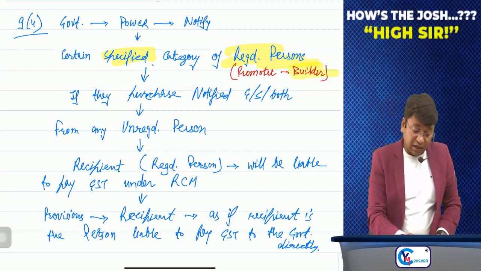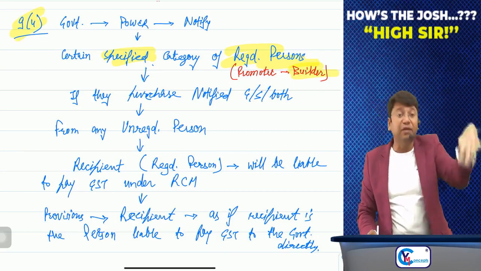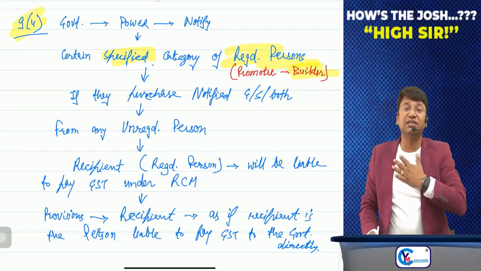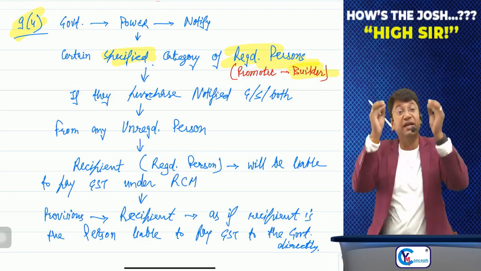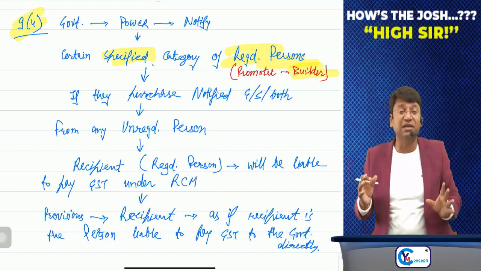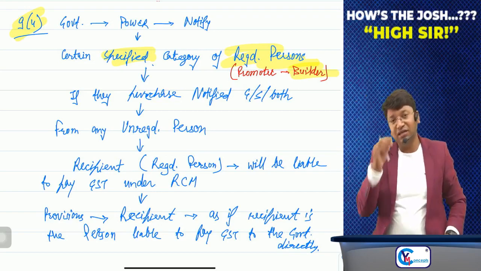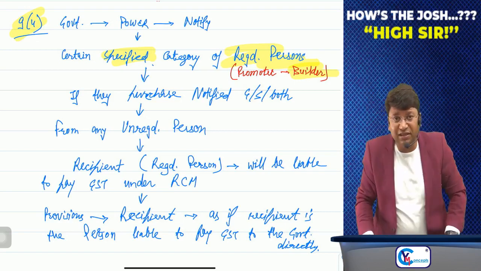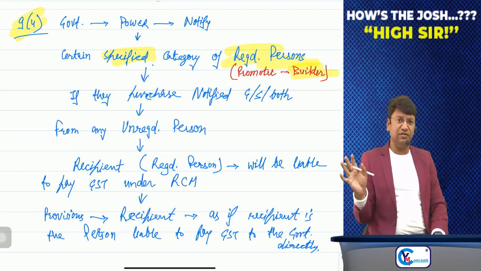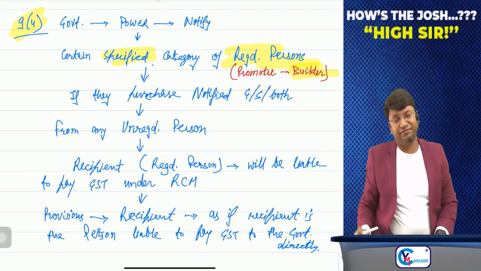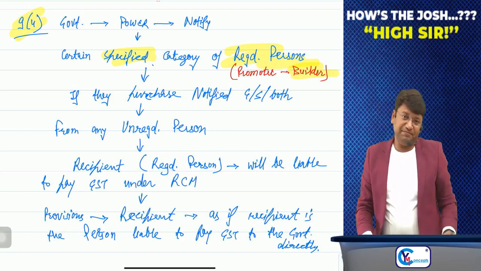Okay, sir, earlier when GST was introduced in 2017, every person who was registered under GST was required to pay GST under reverse charge under section 9(4), which was very dangerous for the entire business category. Sir, that's why government amended this section and said that only notified category of registered persons are liable under reverse charge under this section, and only notified category is builders.